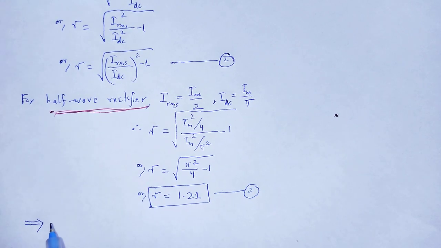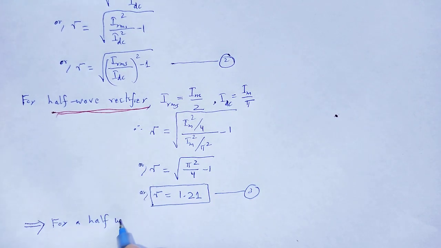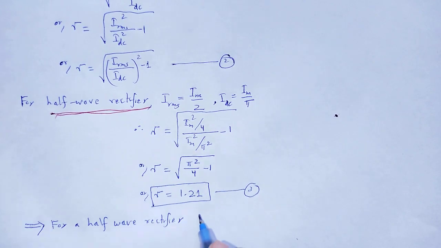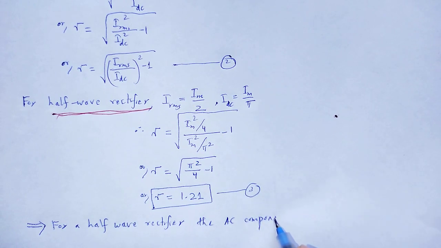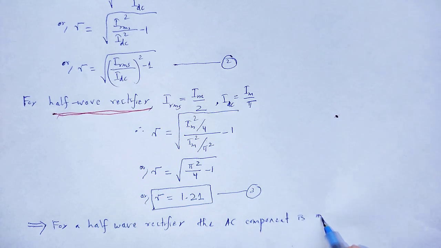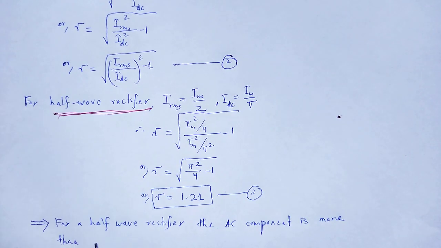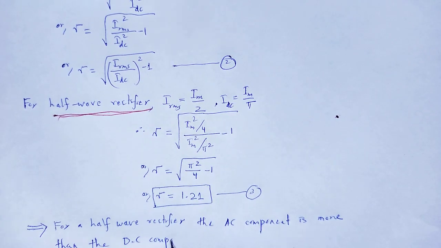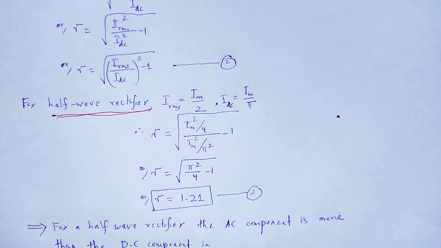We write that important point. For a half wave rectifier, the AC component is more than the DC component in the output.